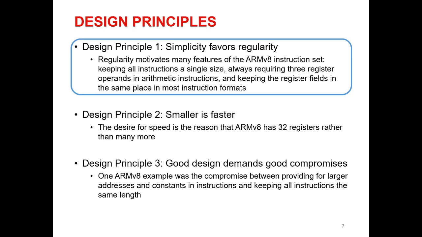And this is something that motivates many of the decisions for LEG-V8, and remember that LEG-V8 is a subset of ARM-V8. So keeping all those instructions 32 bits, remember that we have for all the arithmetic operations 3 registers, the destination and the 2 inputs. All these things make things simple, and this helps to have regularity.